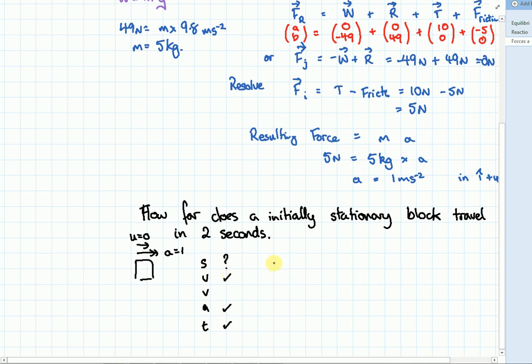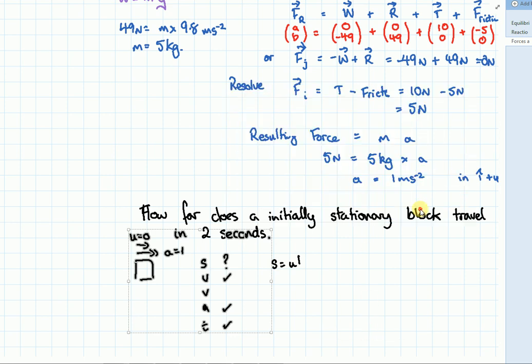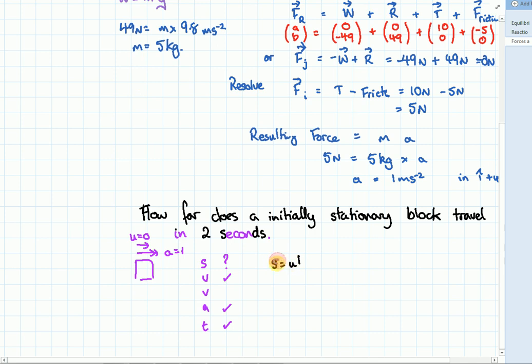So the equation is s equals ut plus 1/2 at squared, and we put our values in.